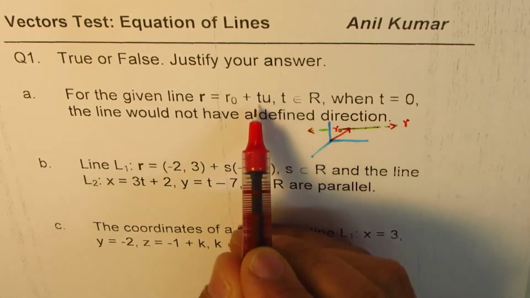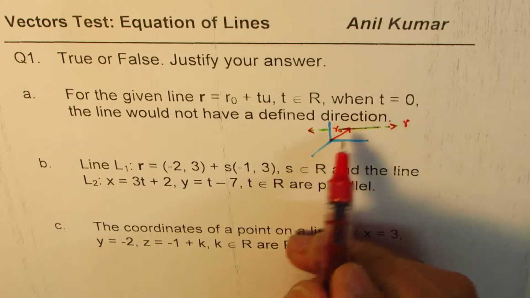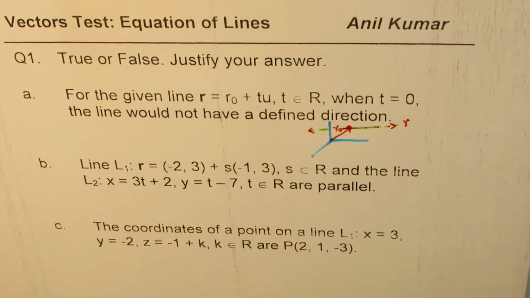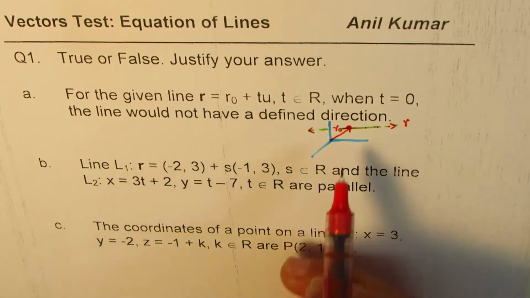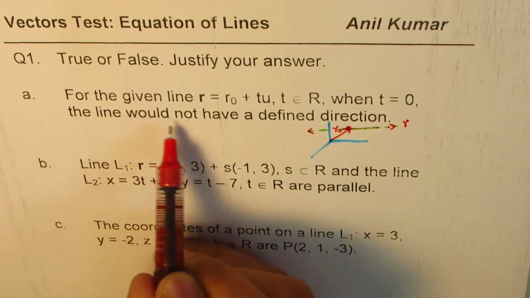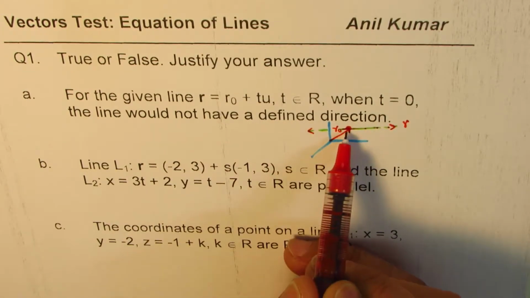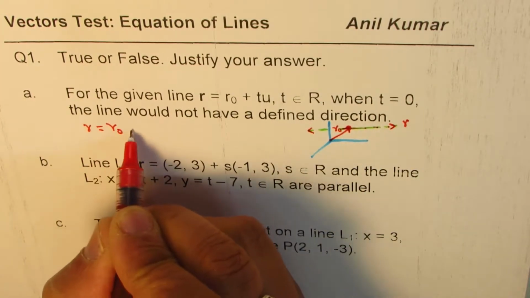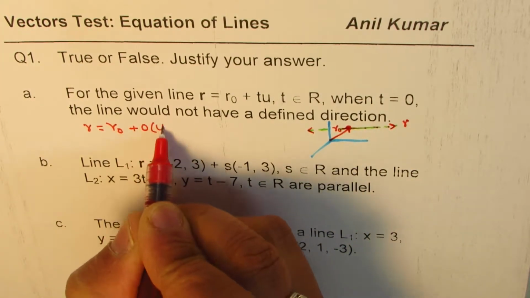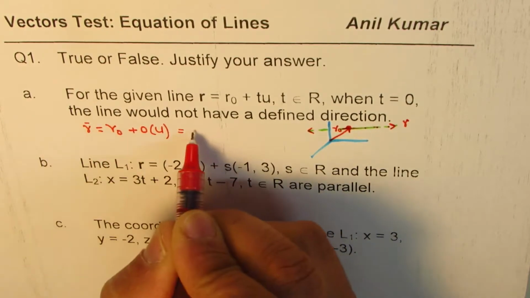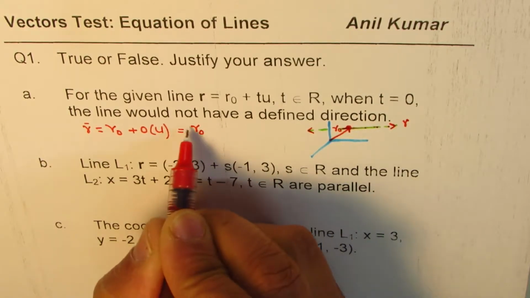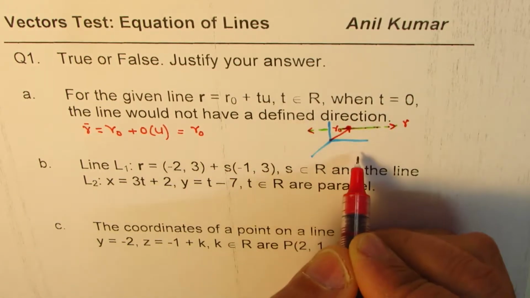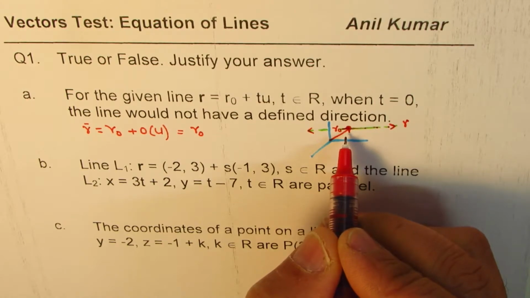Now the question is, if t equals 0, then what happens? If t equals 0, then we are just talking about a point here. And the question is, the line would not have a defined direction. If you're just given r equals r0 plus 0 times u, it is just r equals r0. So we're talking about a point. Any point in space really does not give you any direction.